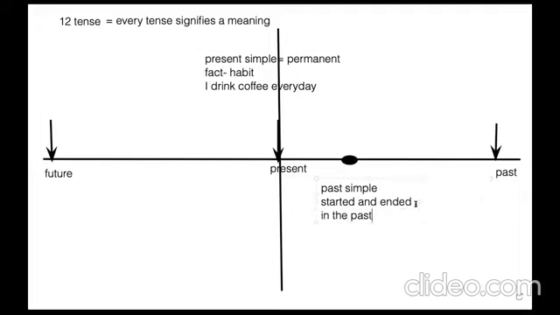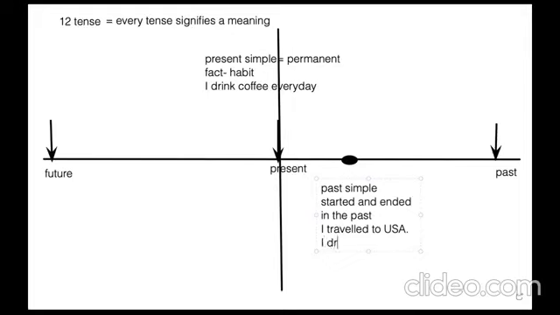Like, for example, when you say I traveled to USA, it means that you traveled to USA just one time, right? This doesn't mean that you will travel in the future or in the present. It's just an action that started and ended in the past to give information that this action happened, all right?